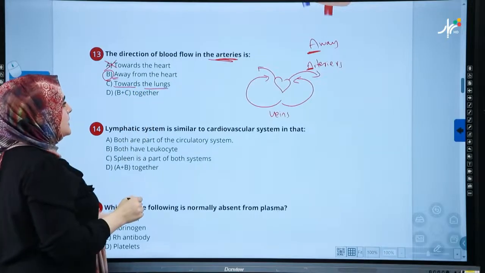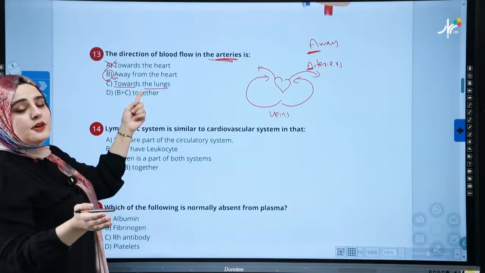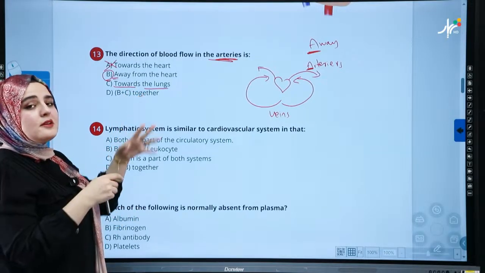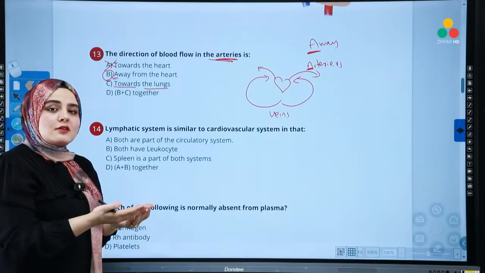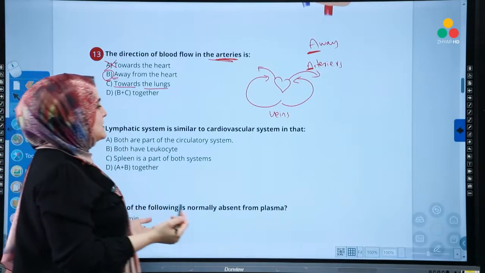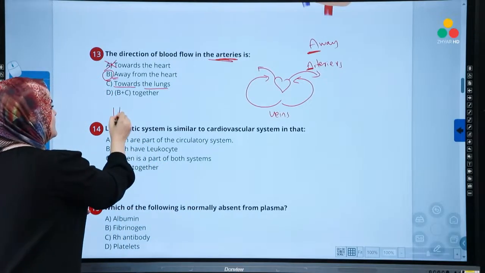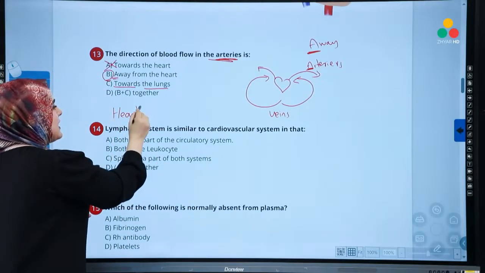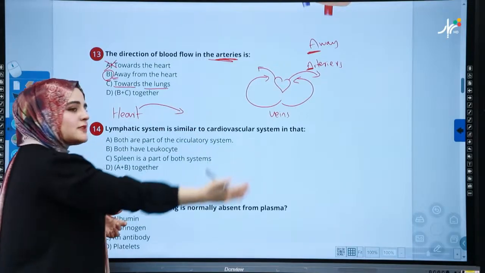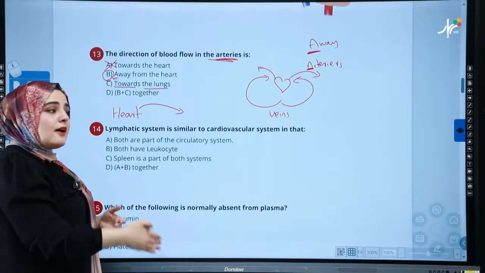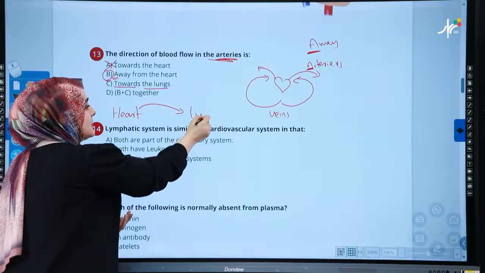Towards the lungs. We said that arteries are not towards the heart, but we did not say towards the lungs. It's not the same. Check this out. If this is the heart, the artery goes away from the heart, but it goes towards the other organs. One of the organs is the lungs.